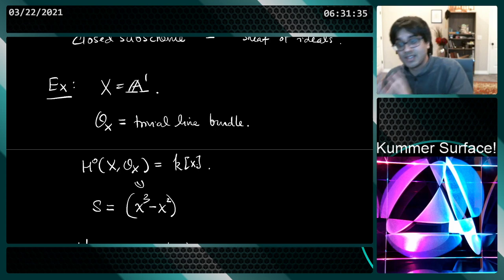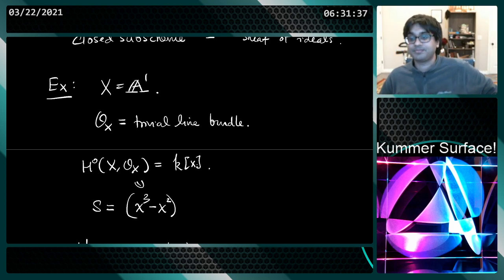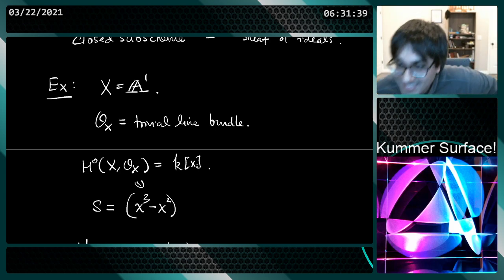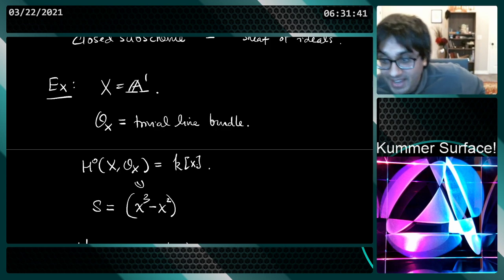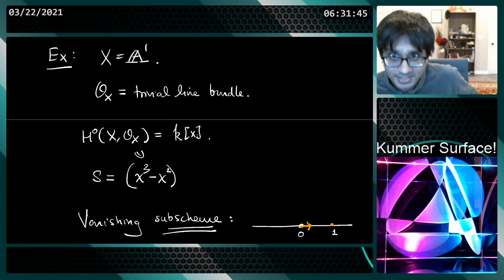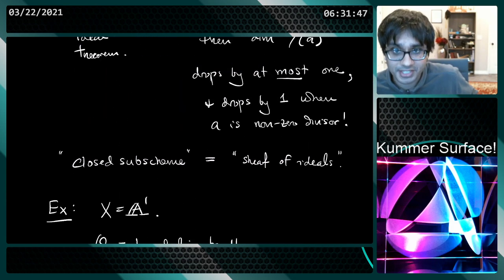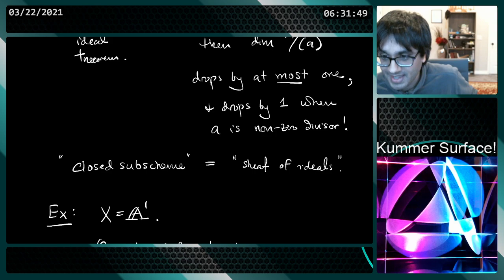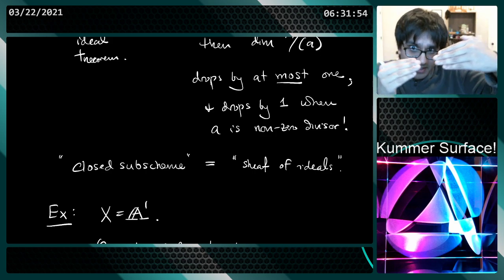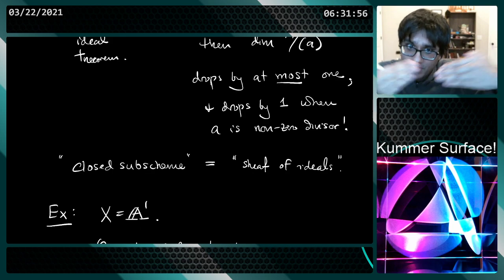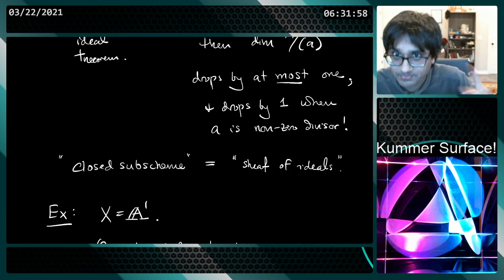You see? Does that make sense? A closed sub-scheme is a sheaf of ideals. And the ideals have to make sense. They have to be in agreement when you compare what's assigned on overlaps.